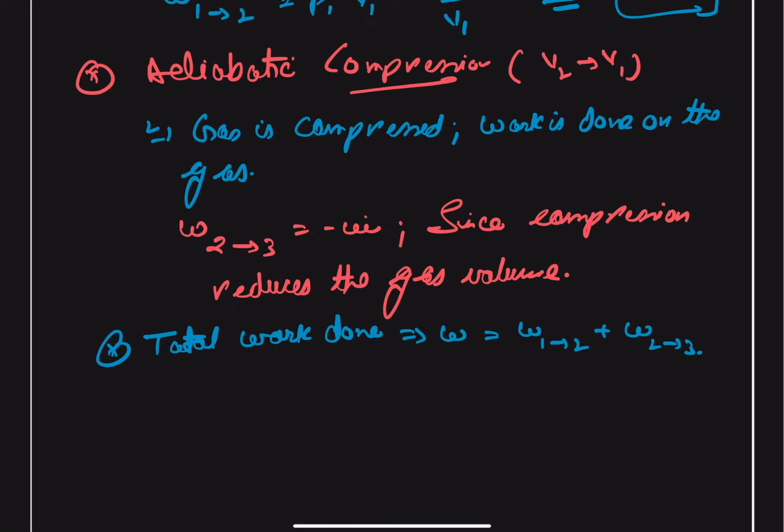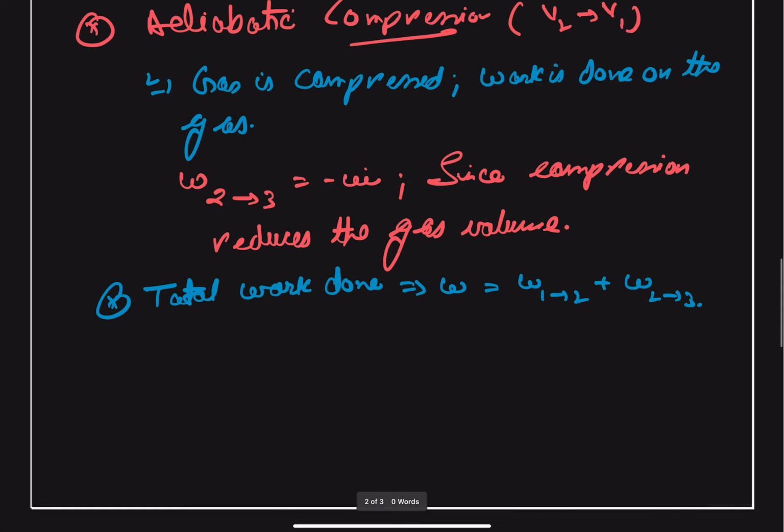We are only interested in whether it is positive, negative or 0. So we can make a conclusion from the above discussion that the magnitude of work done during the compression exceeds the work done during the expansion.